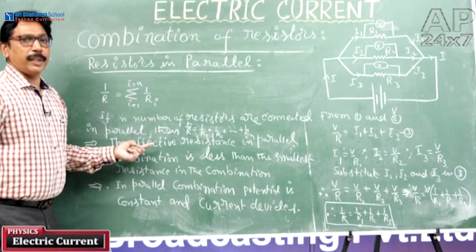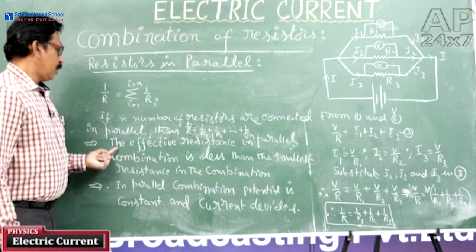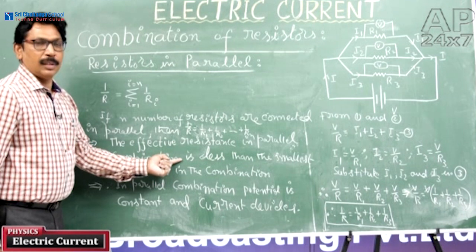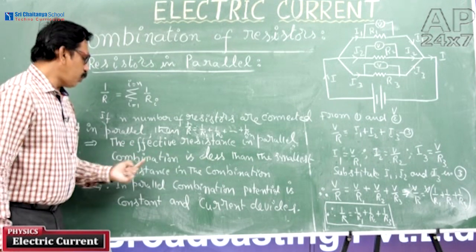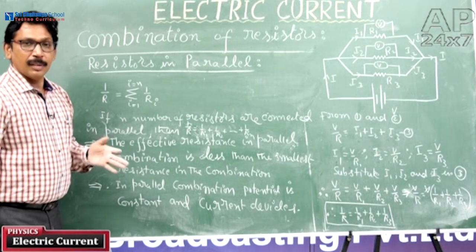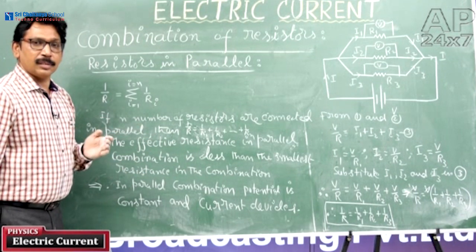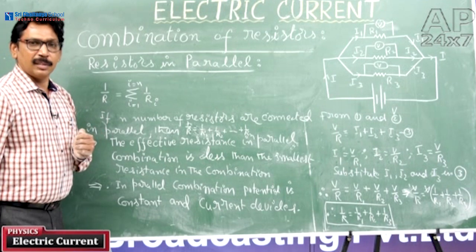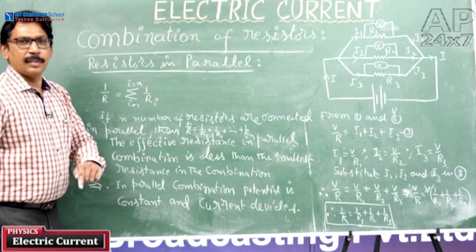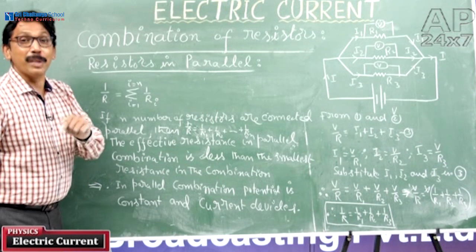The most important points: the effective resistance in a parallel combination is always less than the smallest resistance in the combination.